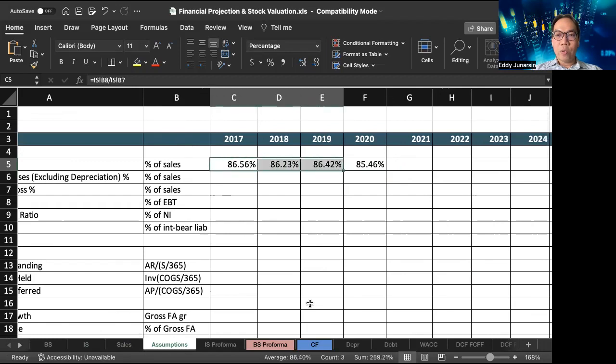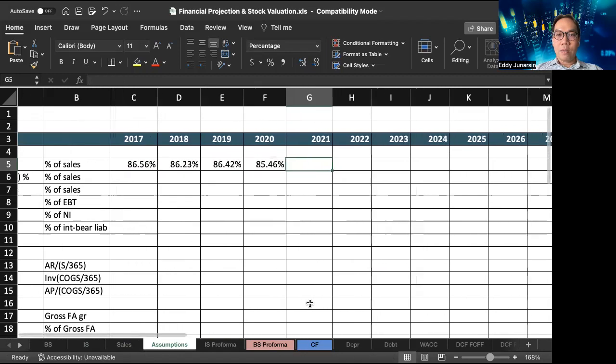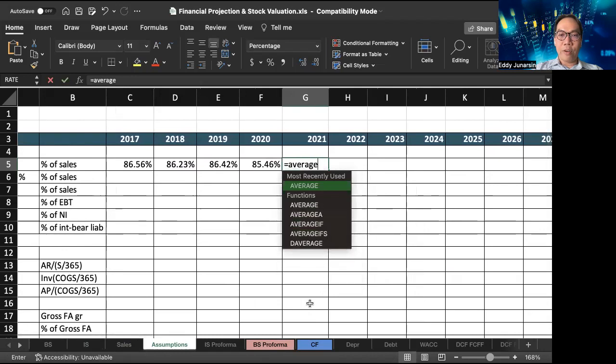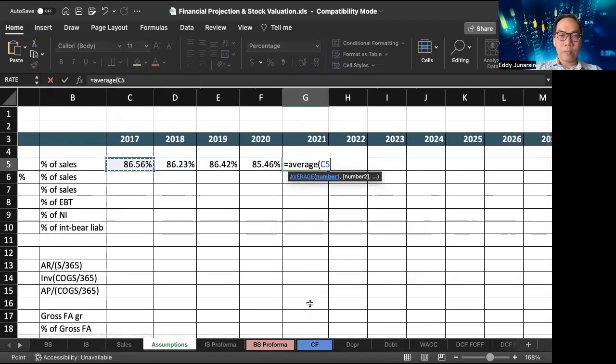If you look at the pattern here, there's no continuous pattern, ascending or descending. It's quite back and forth, up and down. So I will use the moving averages because they are not consistently going up or going down.